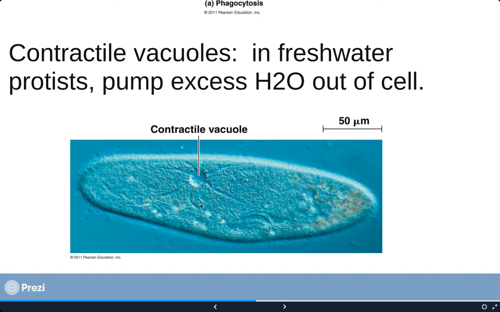It takes energy to do it, so it has to use energy to pump and push water out. If it's in the other circumstance where water is leaving it, there's nothing this pump can do. It basically only pumps water out of the cell. So if the cell needed more water, there's nothing the contractile vacuole can do.